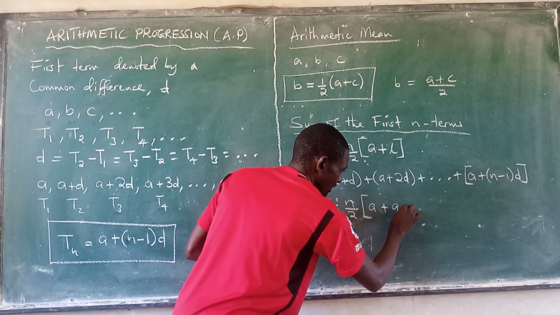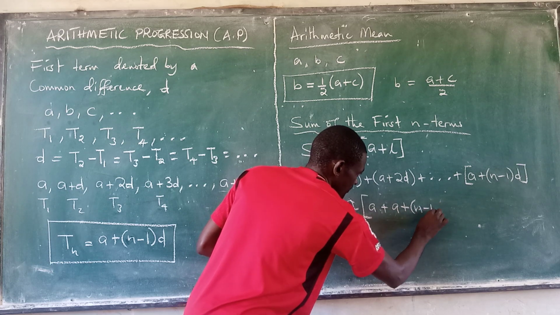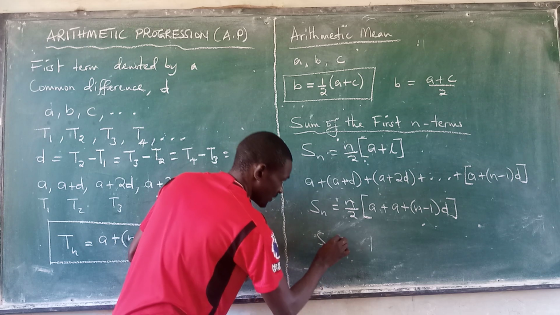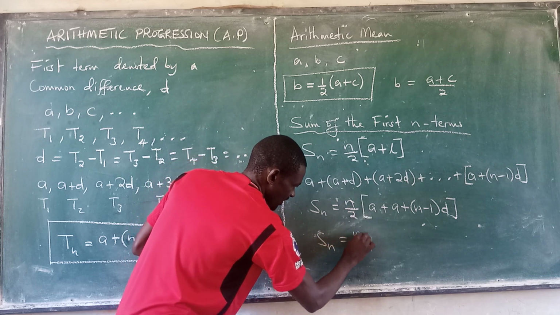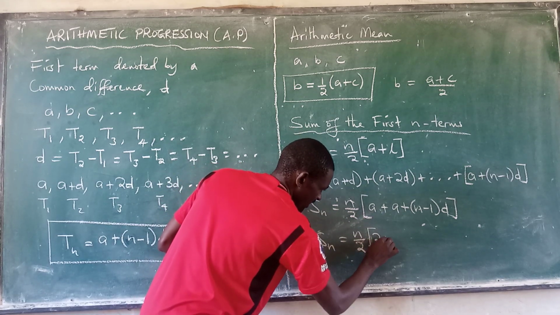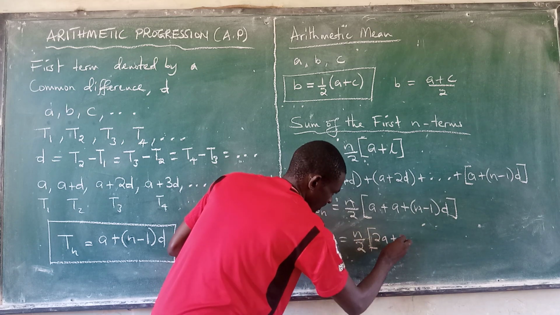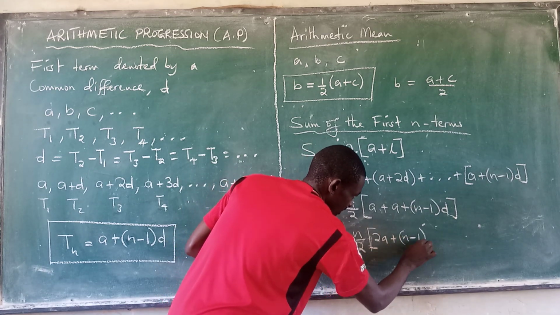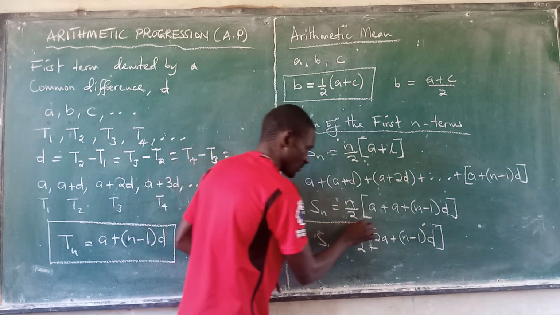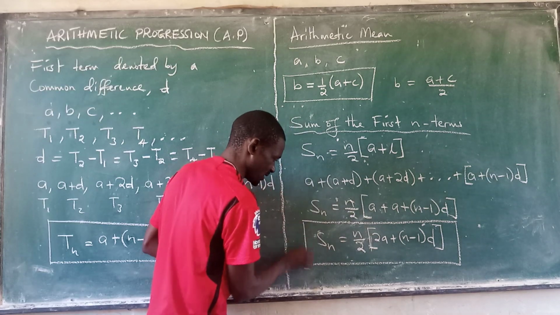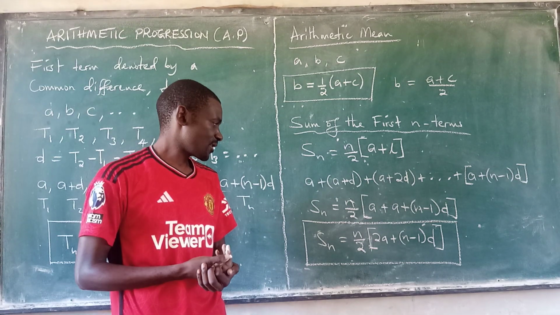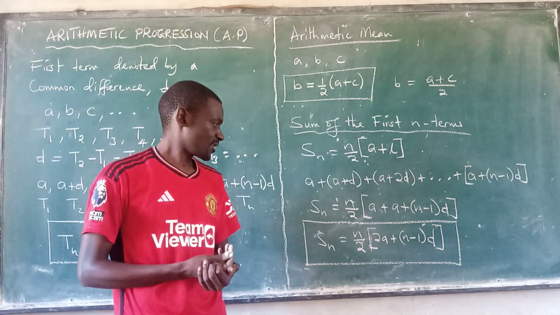So there is A plus n minus 1 D close. And then we have two A's there, so we can add them. A plus A will simply give us 2A plus just what is following there, n minus 1 D. So this formula also, you need to memorize it. It is the formula that we use to find the sum for the first n terms.